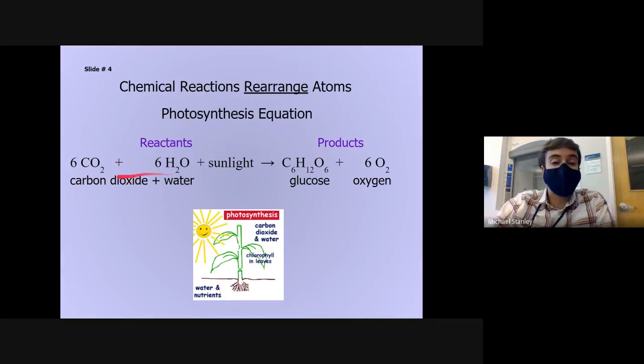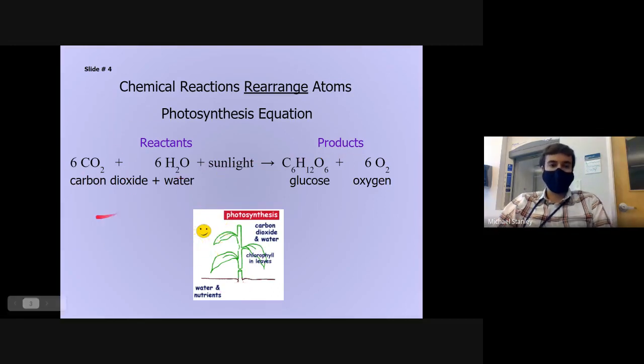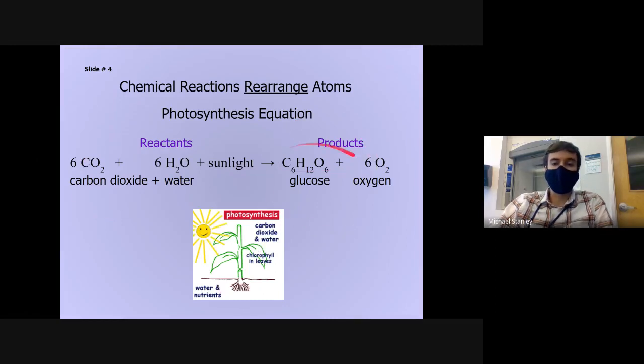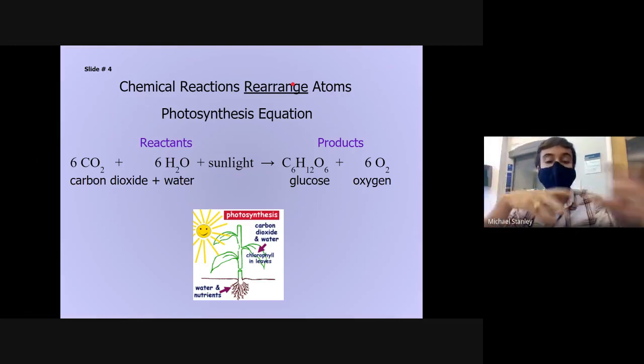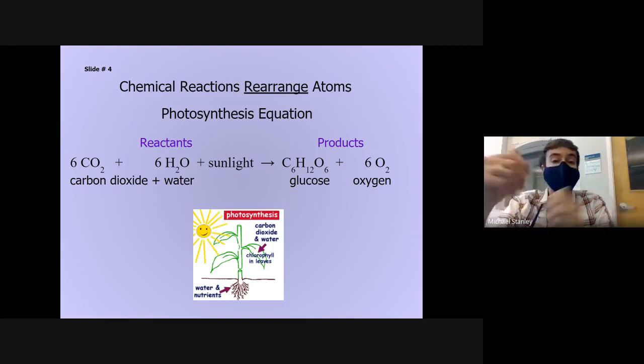So we have the same types of atoms on either side. In order to create our products, we just rearrange them. We move around how the atoms are connected to each other. And that's what gives us our final products.